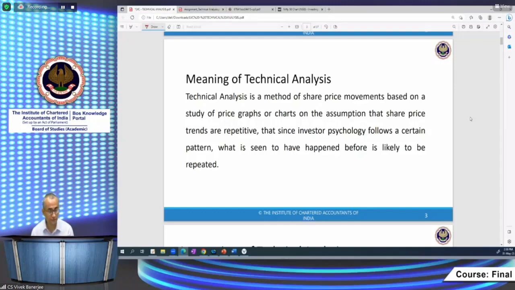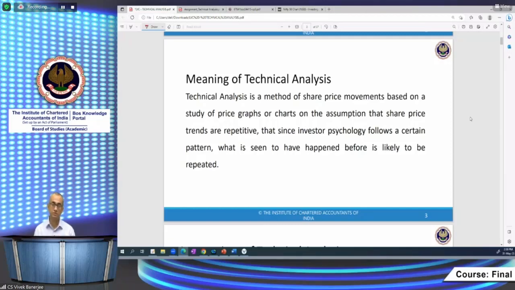Let us see the first slide of this technical analysis. Technical analysis is a method of studying share price movements based on a study of price graphs or charts on the assumption that share price trends are repetitive. Since investor psychology follows a certain pattern, what is seen to have happened before is likely to be repeated.